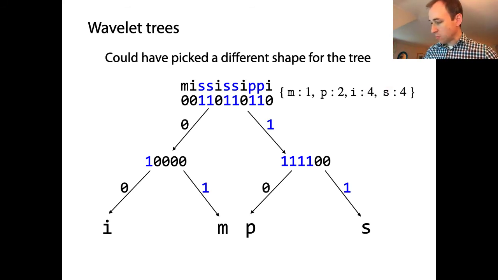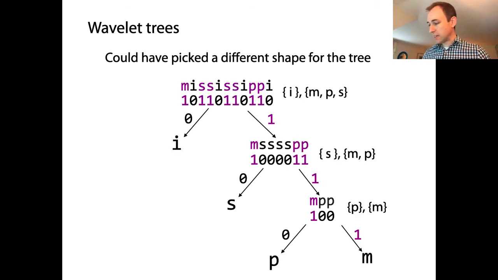I and S are more frequent than M or P, right? So it could be that the wiser shape, the better shape for this tree would be to take either I or S and split it off first, to do something like Huffman, right, which would probably decide to merge M and P first, and then I would grab on, and then S would grab on at higher levels of that tree.